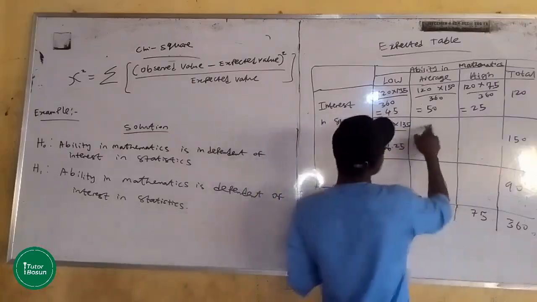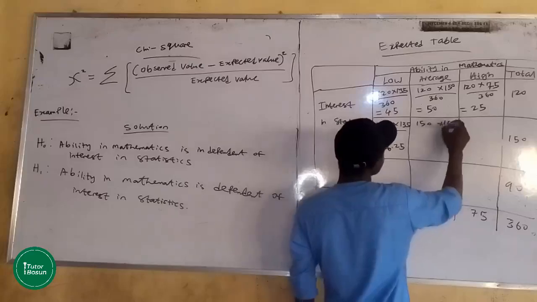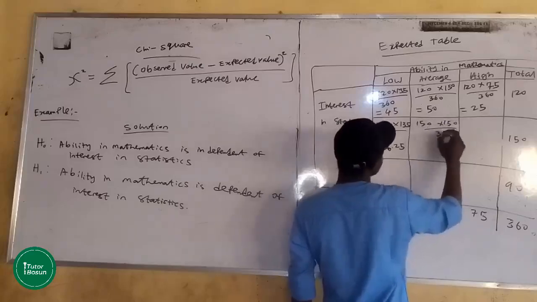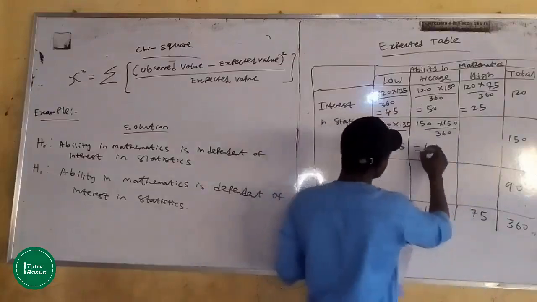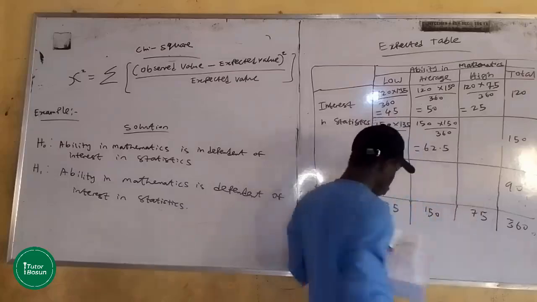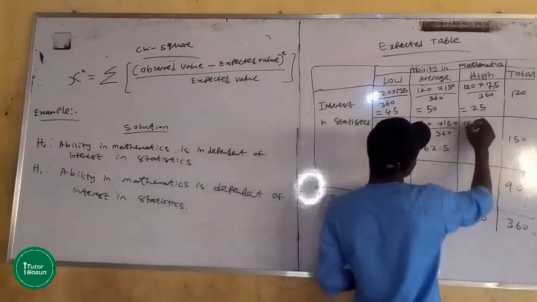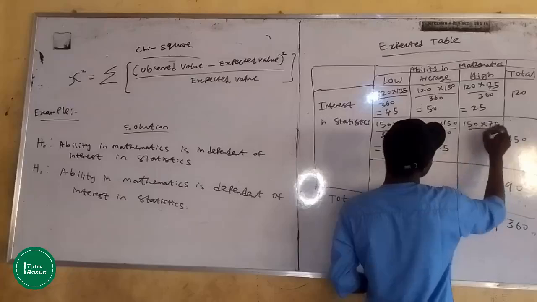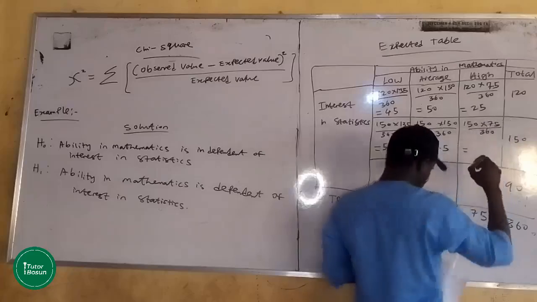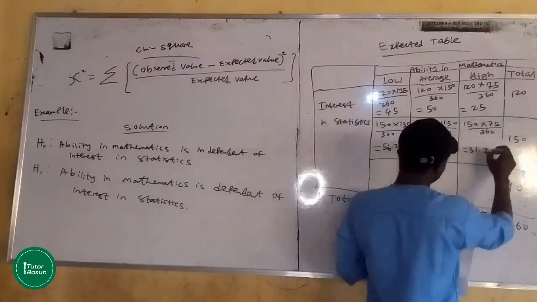Similarly here, this gives you 150 times 150 divided by 360, and with your calculator, that will give you 62.5. Similarly here, you have 150 times 75 divided by 360, and that will give you 31.25.